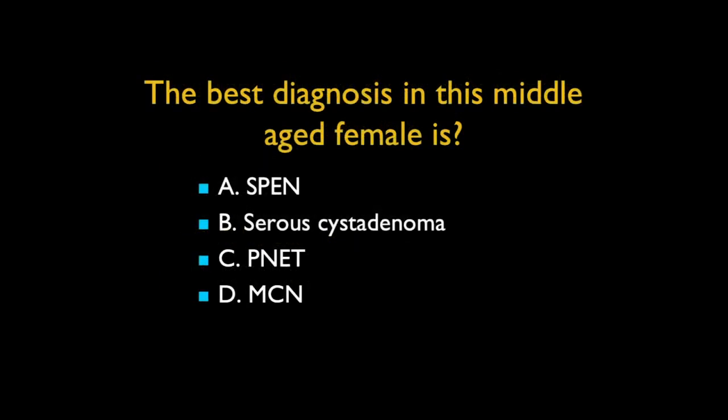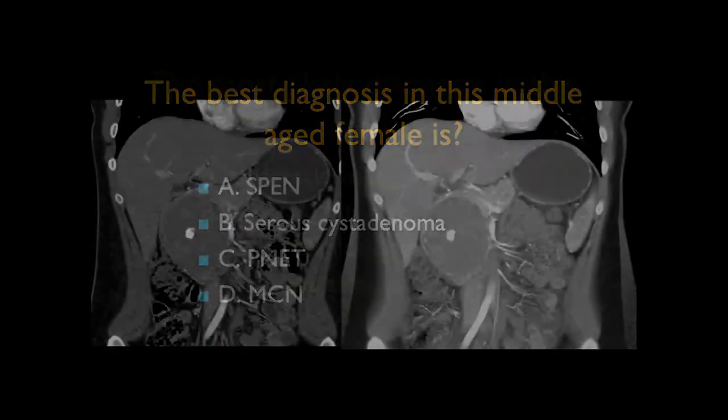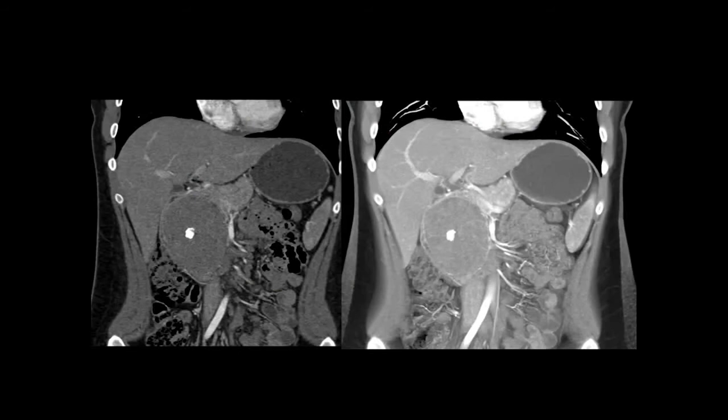The best diagnosis in this middle-aged female is, well, what do I see? I see a large kind of cystic pancreatic mass with dense central calcification. There's no common duct dilatation to speak of. If this was a young patient, it could be a SPEN. Neuroendocrine tumors commonly calcify, but the calcifications are often more dystrophic.